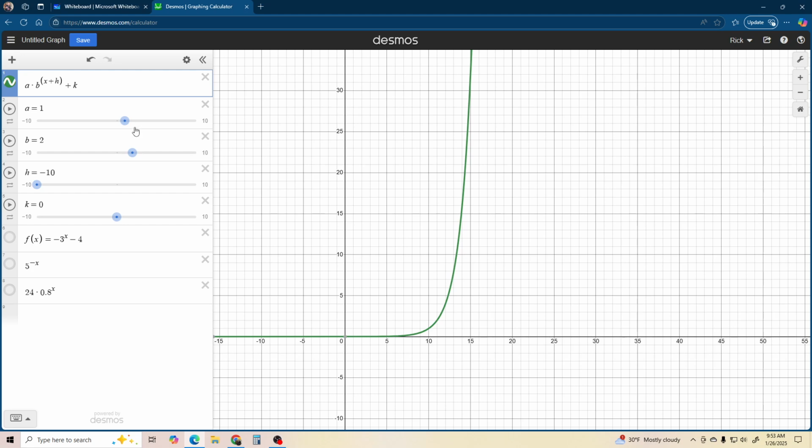If I move h back to 0, the intercept is (0, 1), so it's at 1 when x is 0. And if we shift h to -10, when we were at 1, now we're at 10. So we shifted it 10 to the right. Does that make sense? Okay.